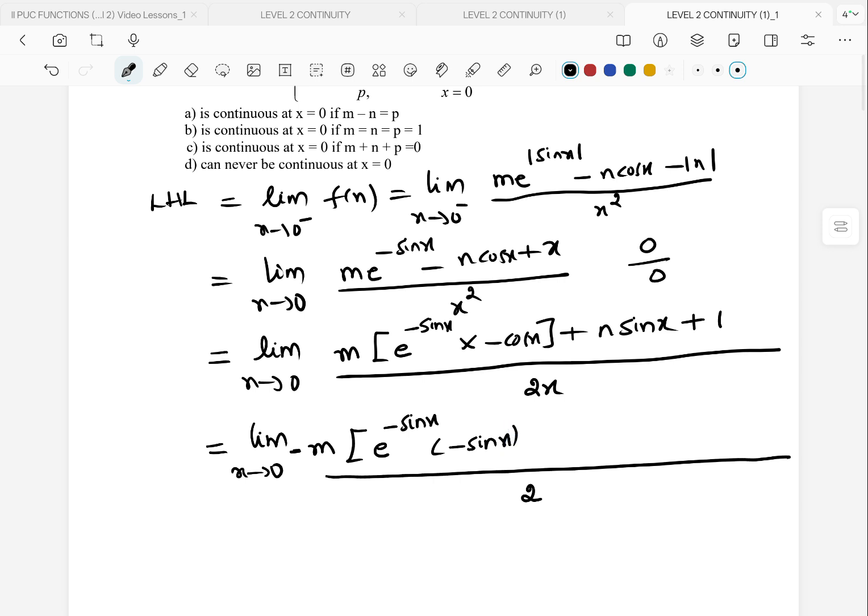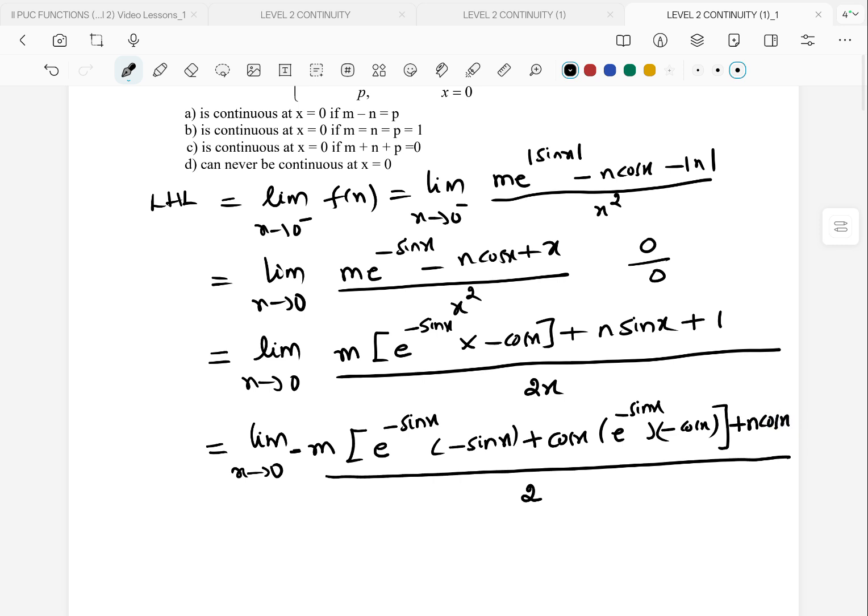This minus sign is kept outside, plus cos x into the derivative of e power minus sin x, which is e power minus sin x into minus cos x, plus the derivative of sin x is cos x. So n into cos x, and the derivative of 1 is 0.